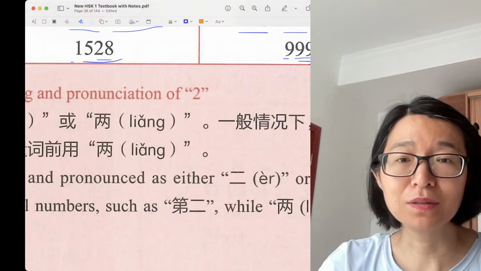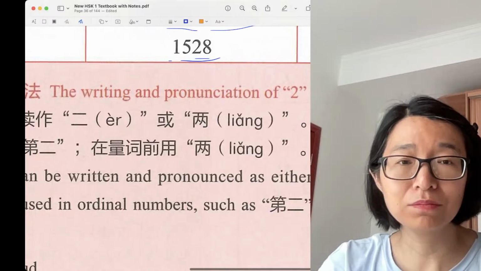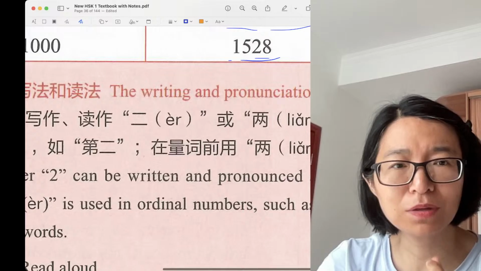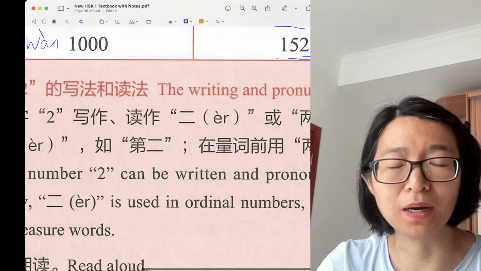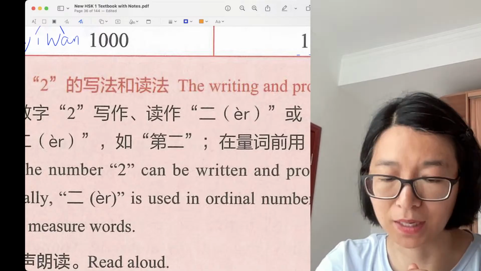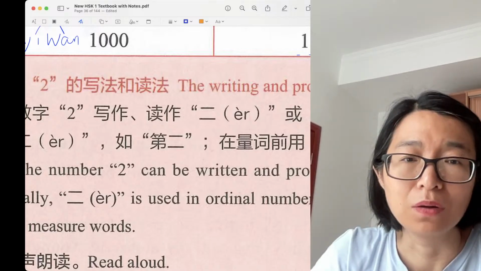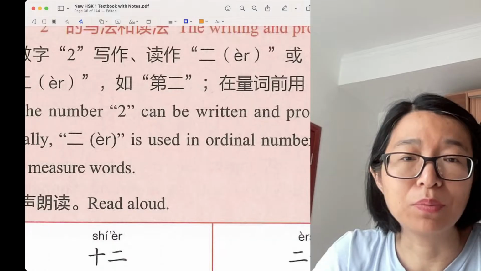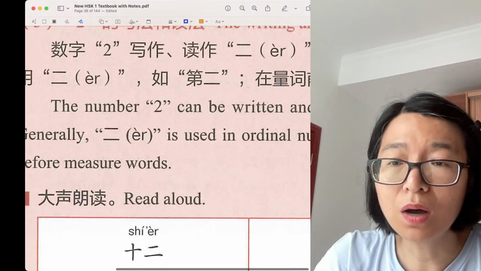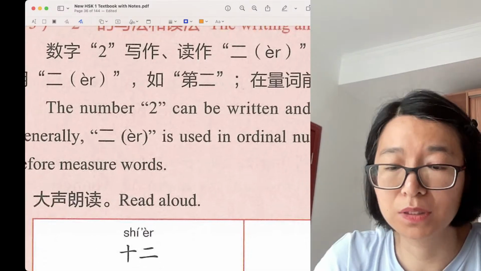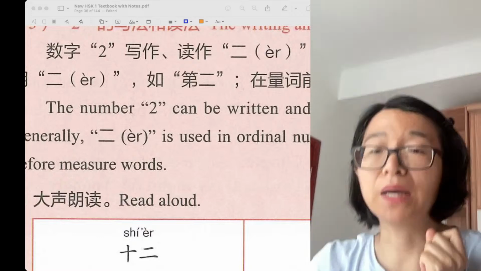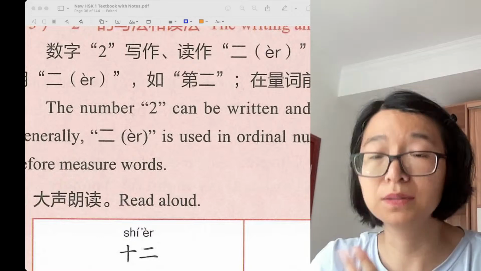Okay, move on. Now let's see. If you learn Chinese, sometimes you may be confused about 二 and 两. So when do we say 二 and when do we say 两? Okay, let me give you examples. When you count numbers, like 一, 二, 三, that is 二, right?